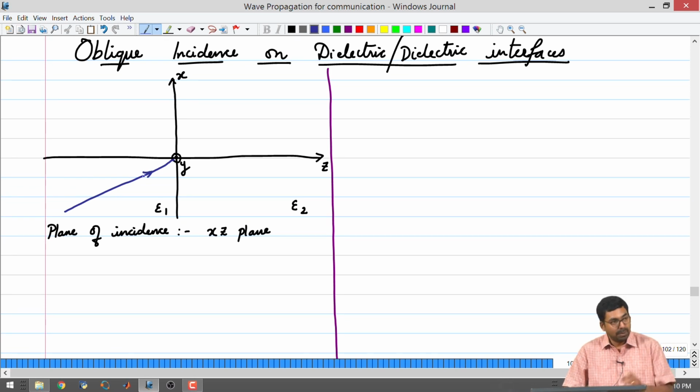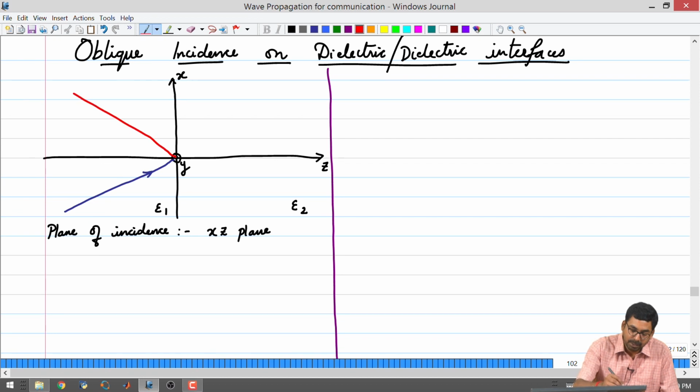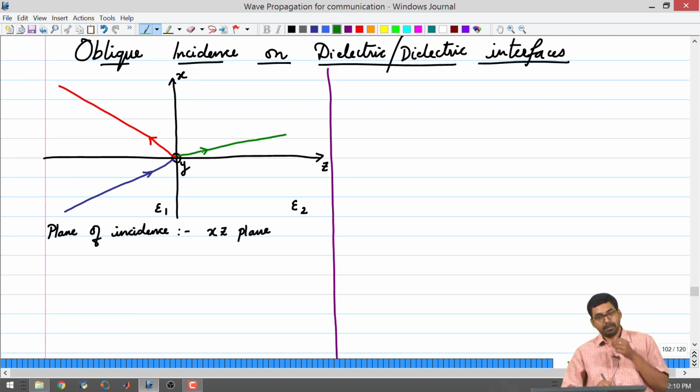It can get reflected, part of it can get transmitted, etc. So, that means that you are going to be having some reflected ray going out like this, right, and you are going to have a transmitted ray, let us say going like this. Okay. So, in this configuration the plane of incidence is xz, okay, and z has the discontinuity in the dielectric permittivity.